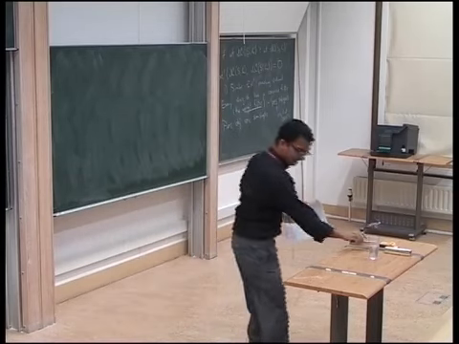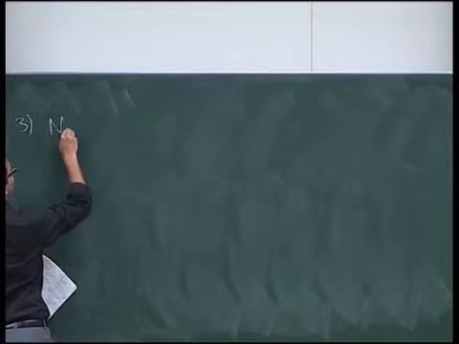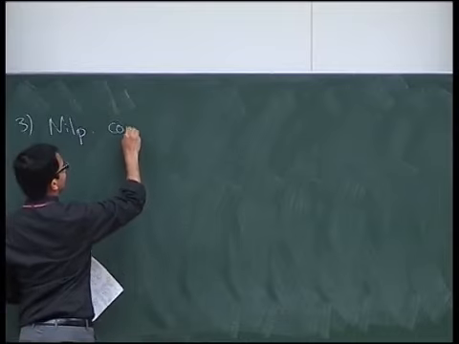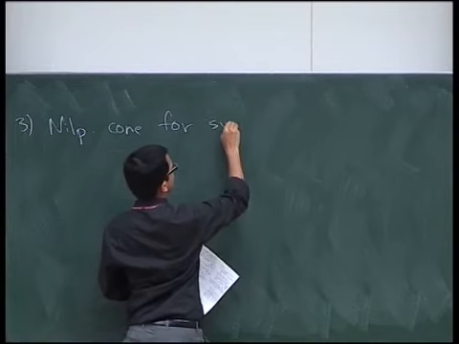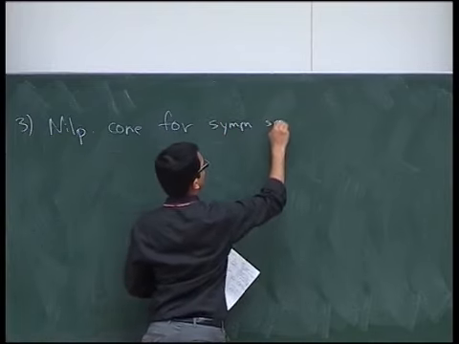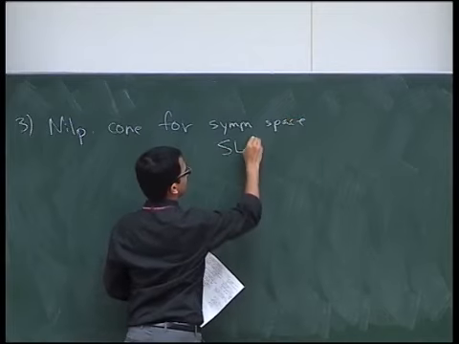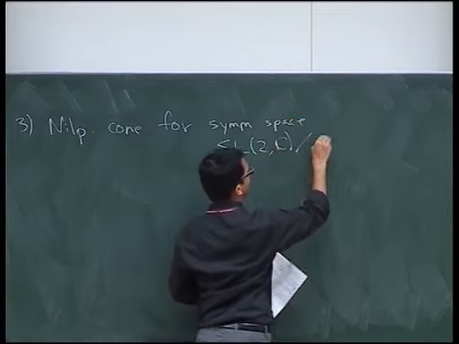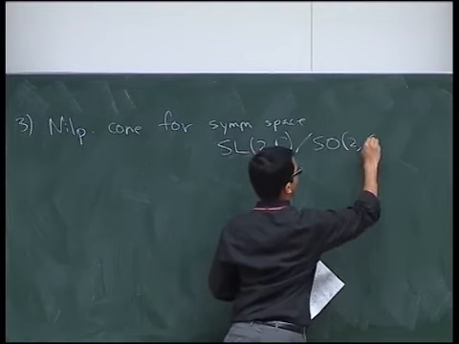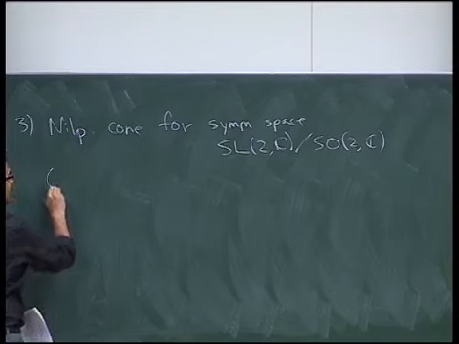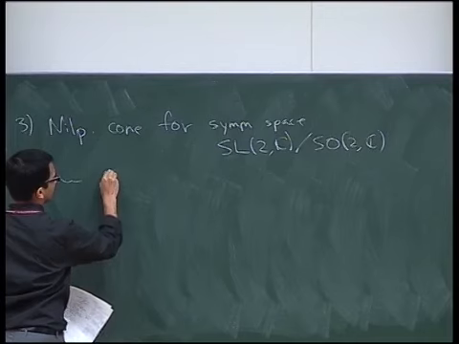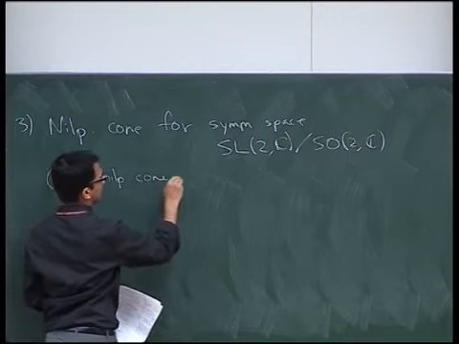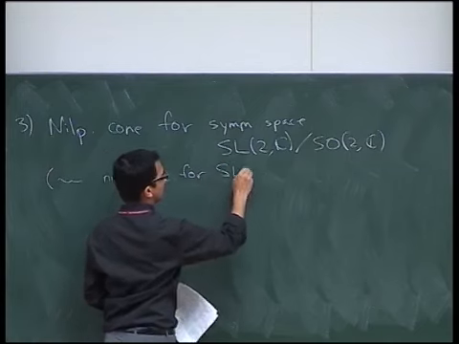The last example I want to mention is, well, it's kind of embarrassingly small. It's the nilpotent cone for the symmetric space SL2C mod SO2C. So this is via the constant Sakaguchi correspondence. So this is something like the nilpotent cone for the real group SL2R.